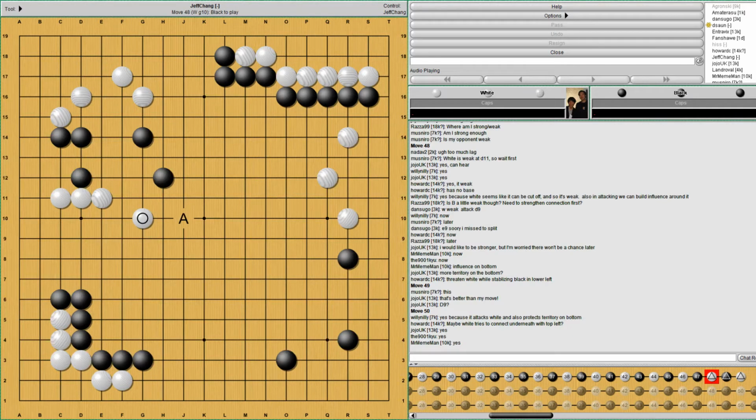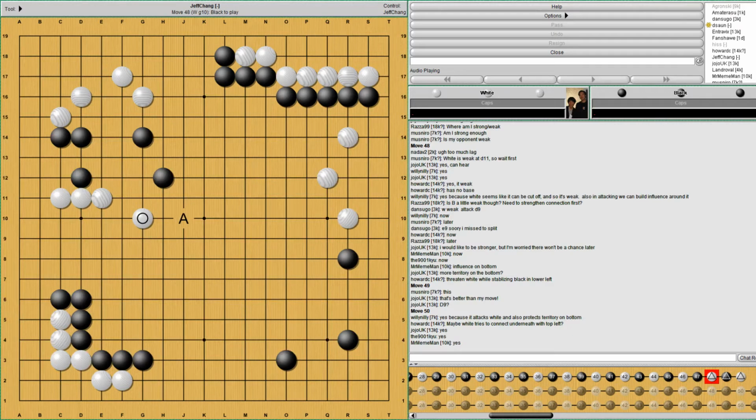You become weaker. And there's another principle I hope you will gradually follow in your games. Please remember, in the middle game, groups go first. Groups are supposed to be our first consideration in the middle game. It's not territory or points.